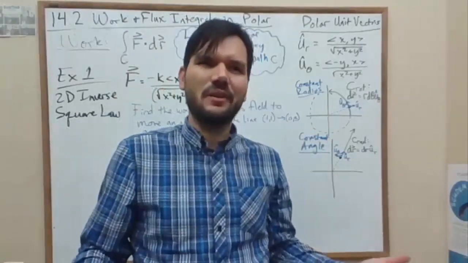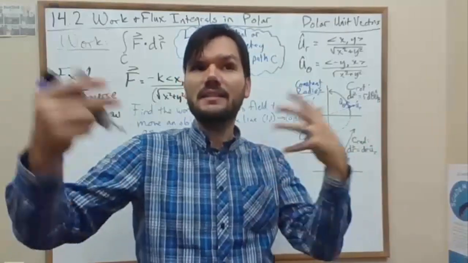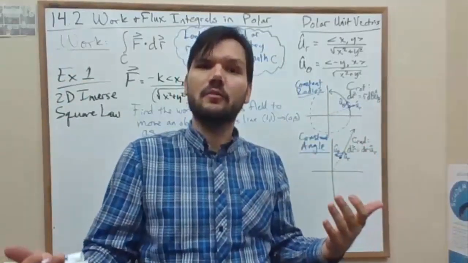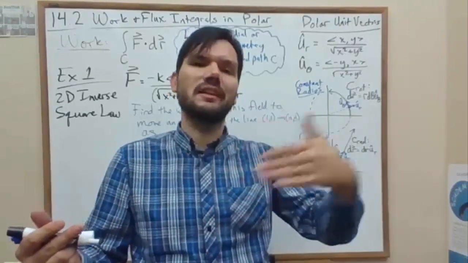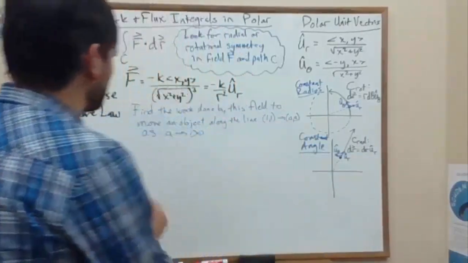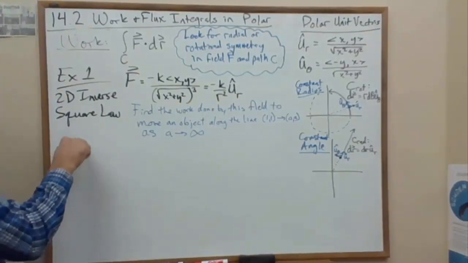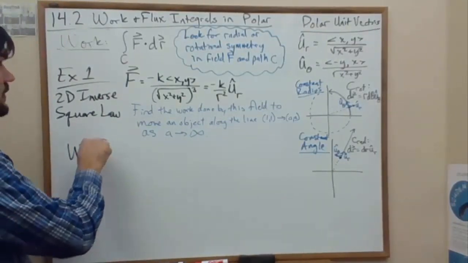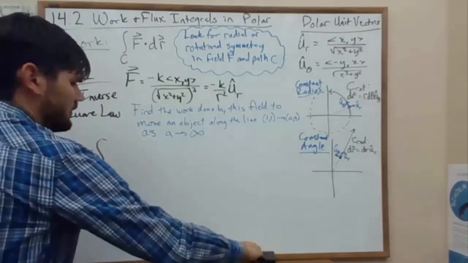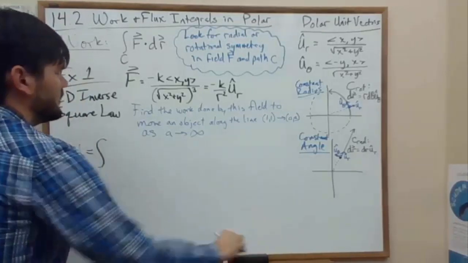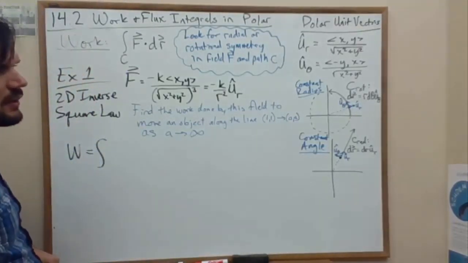So in our case, the answer here will be negative, but the flip side of that, the positive or absolute value of that, will be the amount of work we need to put into it, because the field itself is working against us. Okay. So we set up, we first think about our path from (1, 1) to (a, a). That is a constant angle.